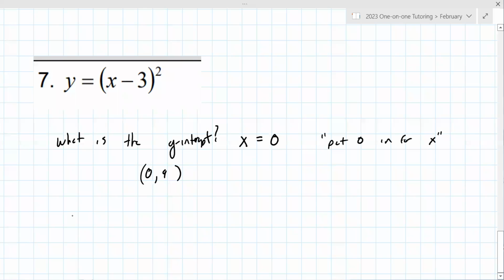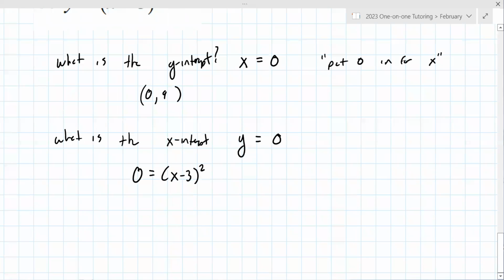Now, similarly, I can ask, what is the x-intercept? And this is when y equals 0. So 0 equals x minus 3 squared. Then take the square root of both sides. So 0 equals x minus 3. So x equals 3.